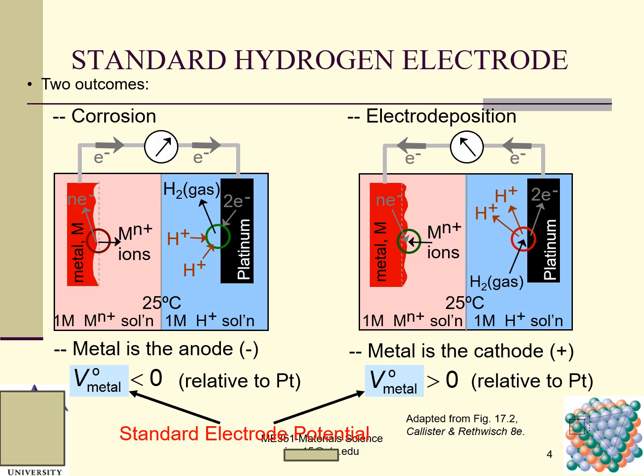This case is for metals that have a negative standard electrode potential when compared with platinum. This case is for metals that have a higher standard electrode potential when compared with platinum.